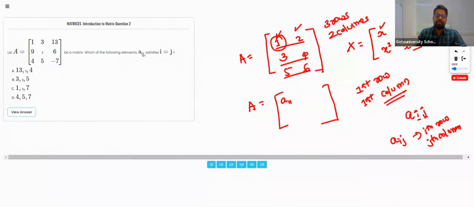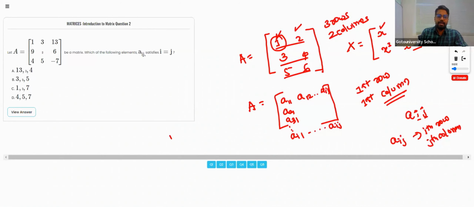So A11 means first row, first column. In the first row, if I want to go to the second column, I write A12. It goes till A1j because j is the last column. Similarly, I can go for A21, A31, and I can go till the last row, which is i. So the last element will be Aij.